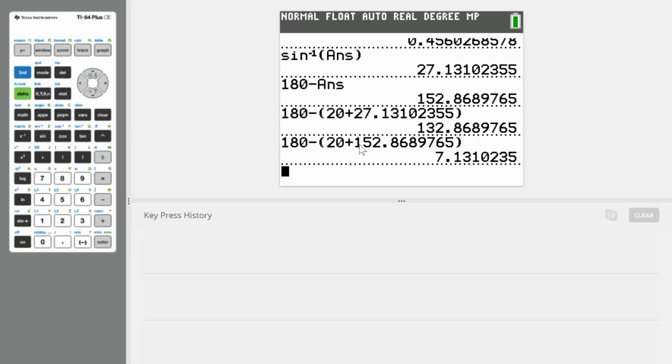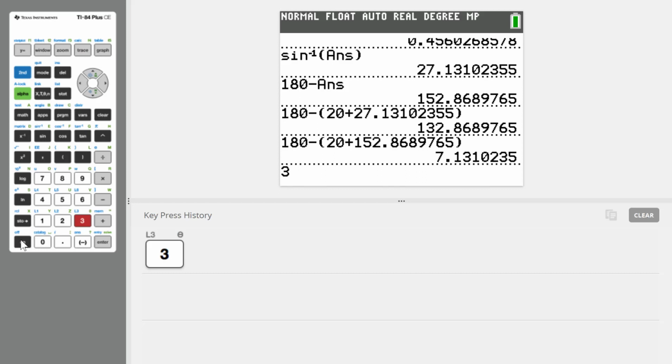And then we'll go to the calculator to work these things out. By the way, here are the calculations I did for the two gamma angles. You always want to keep your digits long in the calculator. You don't want to round anything in the middle of the problem, especially if you're going to be using these numbers in a later calculation. So you can see here's the 132.9, here's the 7.13, or I probably should have just rounded it to 7.1 to be consistent. In order to find C1, I need to take 30 sine gamma and divide it by sine of 20 degrees.